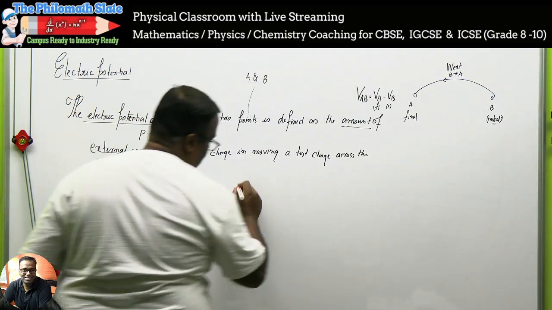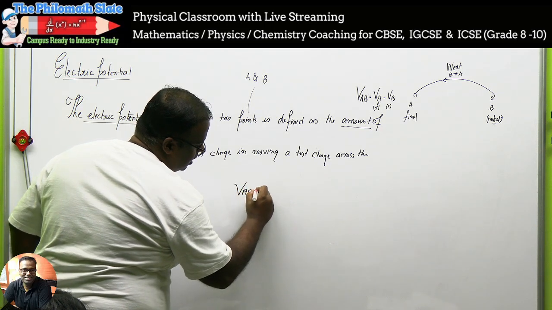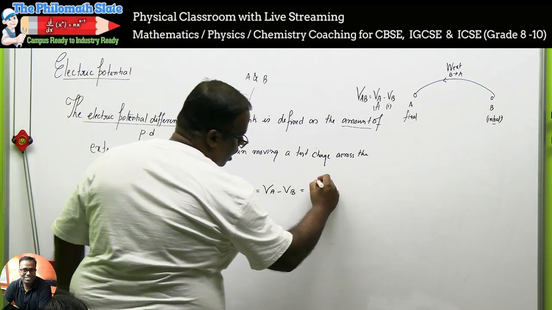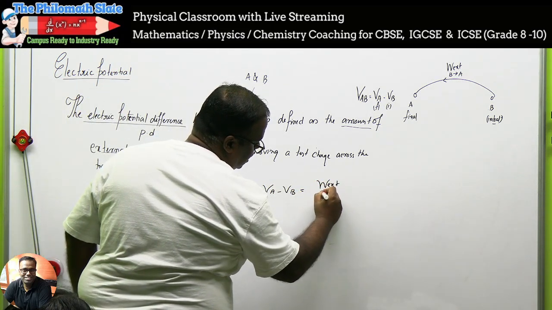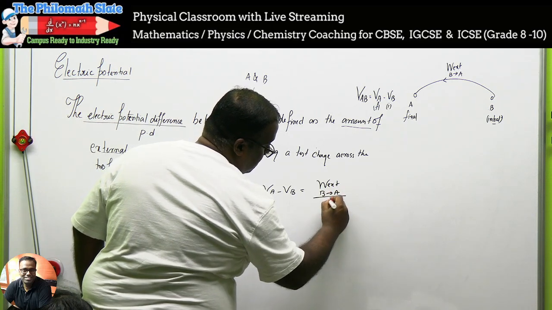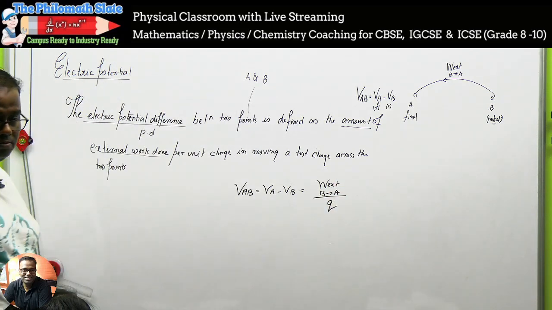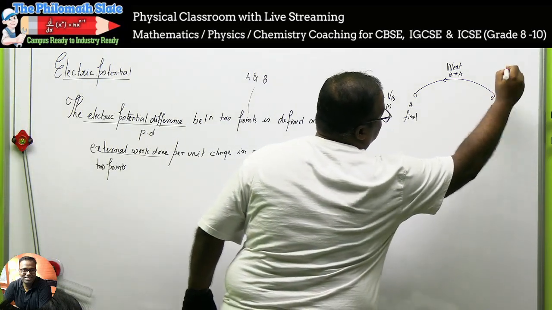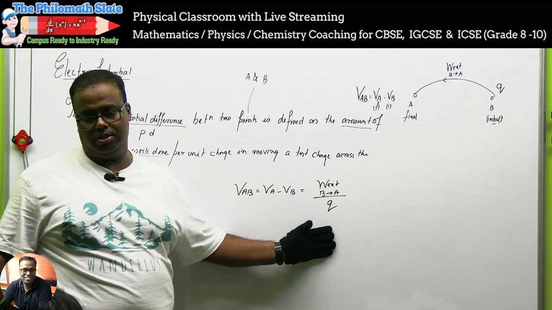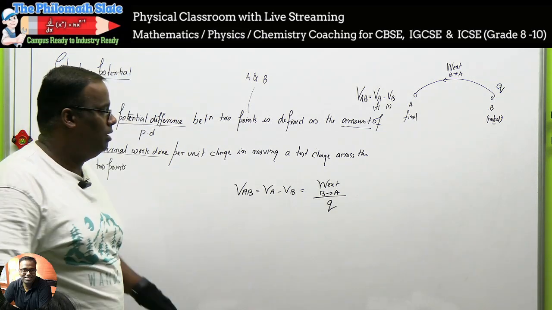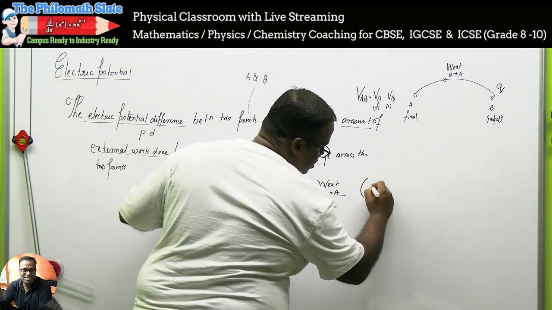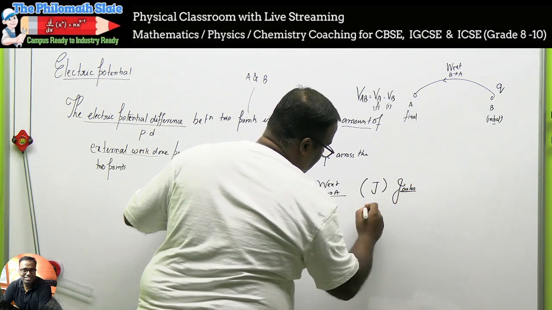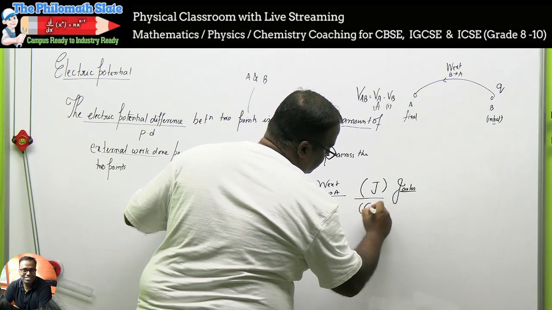So we will write VAB is equal to VA minus VB, which is equal to the amount of external work done in moving the charge from B to A per unit charge. Per unit charge. So whom are we moving? We are moving a unit positive charge Q per unit charge. Okay? This is expressed in joules because this is energy and this is in coulomb.